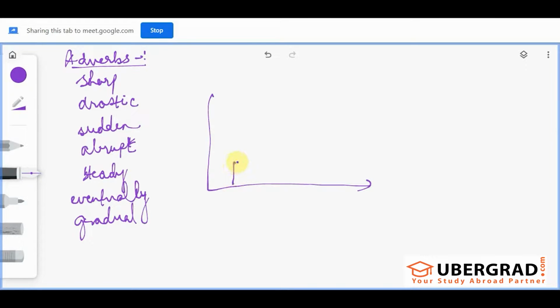Bar graph will look something like this. Now what is this showing?